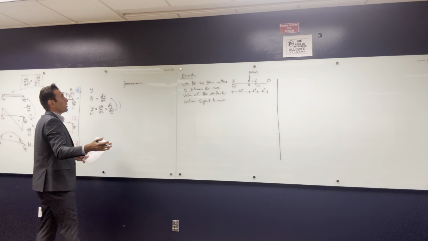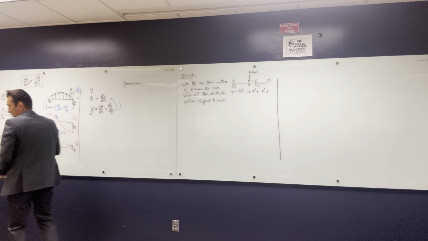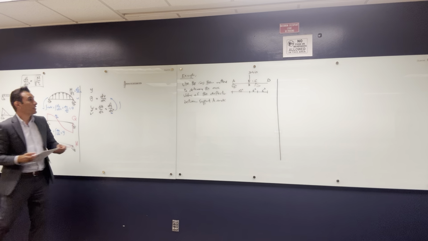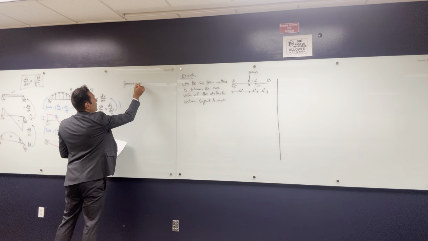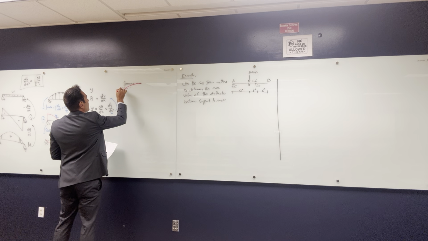So you will tell me, okay, I'm going to draw the bending moment diagram for this beam, and it's going to be negative, and here the moment is going to be WL squared over 2.